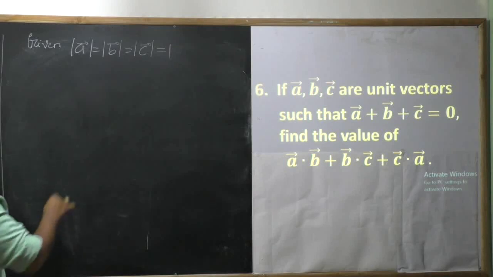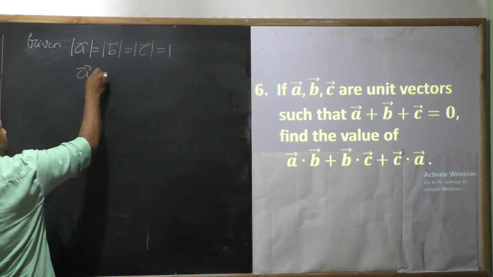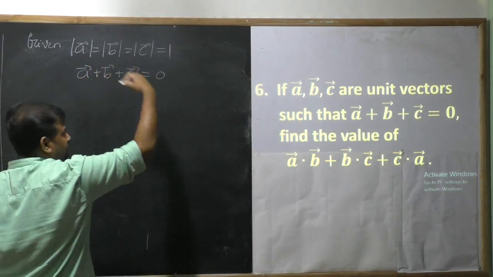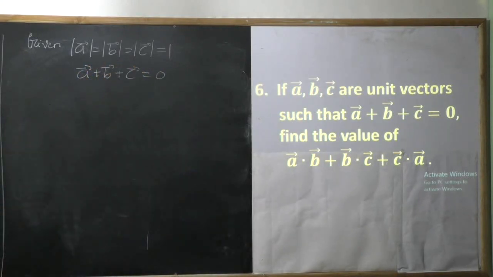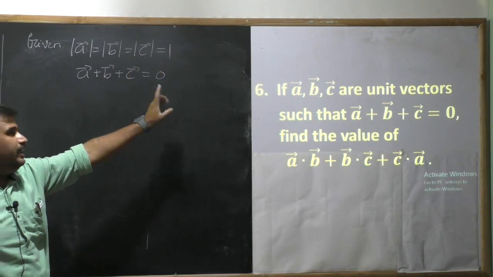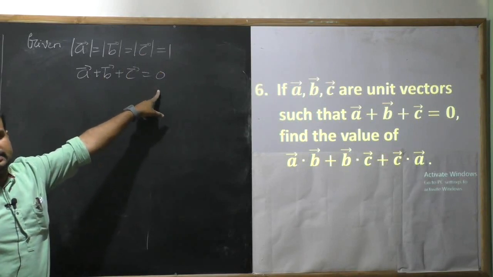The second condition is vector A plus vector B plus vector C is equal to 0. Actually it is a 0 vector, because we are adding vectors, so finally we get a vector only. It is a 0 vector.